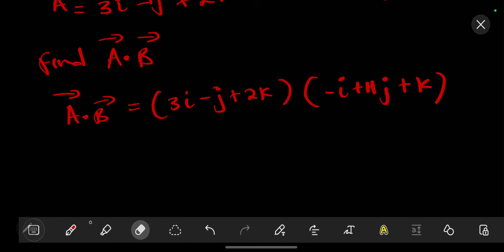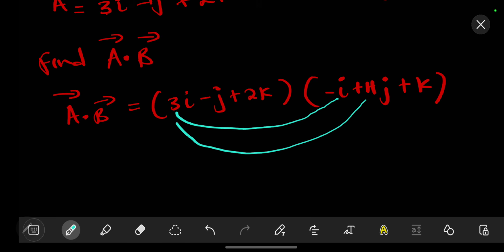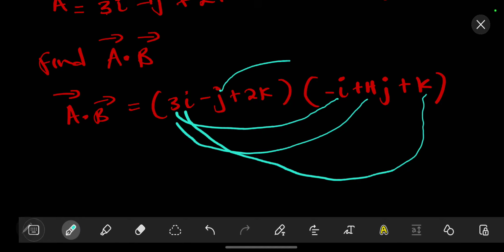Normally we multiply this number, this number, this number, that would be our first multiplication, then the same for the next one. But we know that I times j is equal to 0, so we won't bother ourselves to multiply the one with the I with the one with the j. That would be a waste of time.